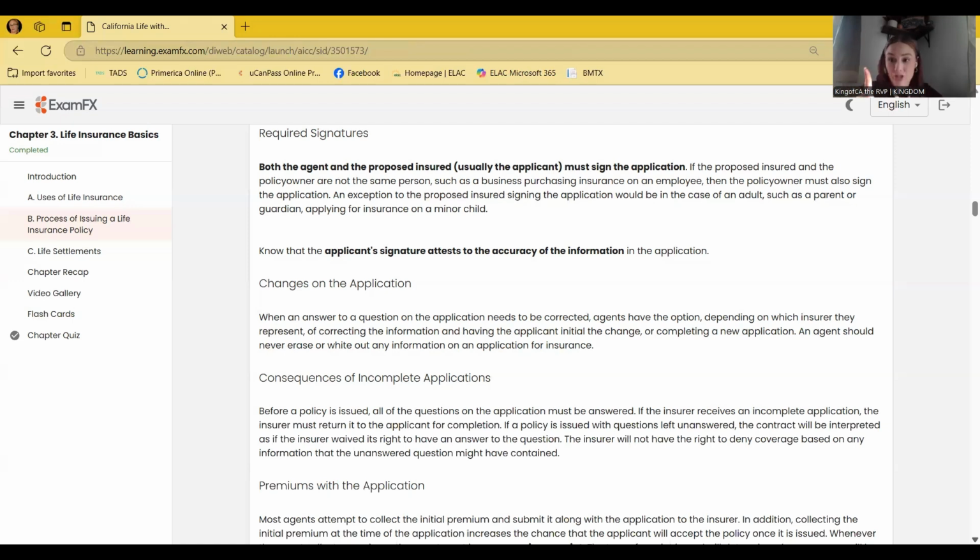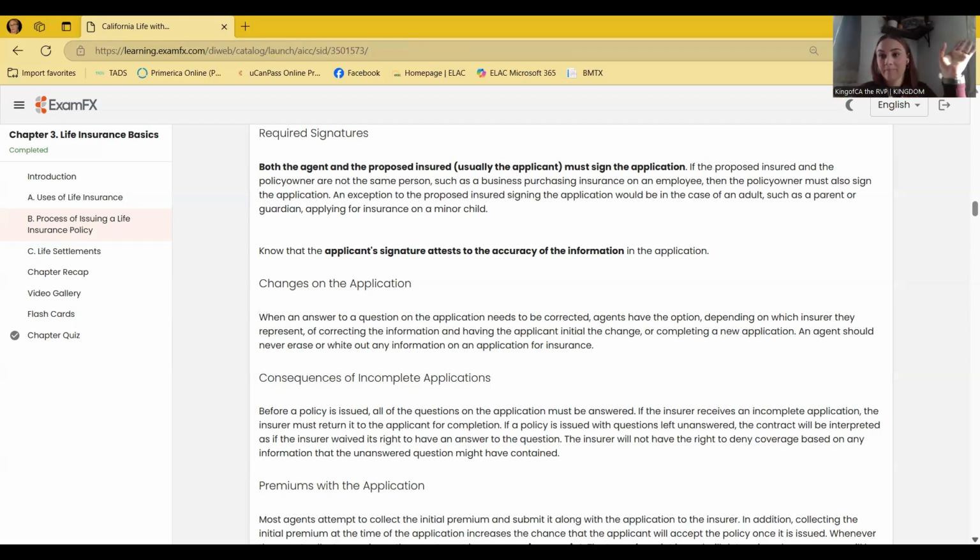So both the agent and the proposed insured, meaning the person who's applying, must sign the application. Even if this person is not the applicant, they need to sign the application because it's on them, unless they're a minor. Okay, so if the proposed insured and the policy owner are not the same person, such as a business purchasing life insurance on an employee, then the policy owner must also sign the application.